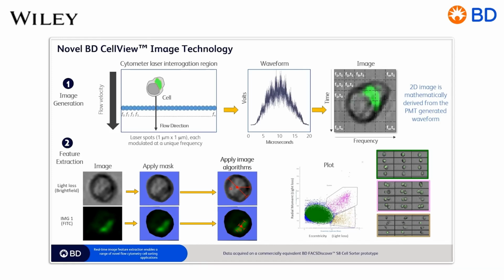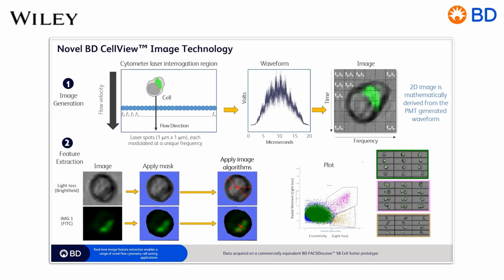In this particular example, all I'm showing is the light loss and the FITC channel, for instance. In this case, we use the side scatter signal, which I'm not showing here, but that's the one that most adequately reflects the shape of the cell. Using the side scatter image, we can generate this mask, and the mask is then applied across each of the 6 channels.